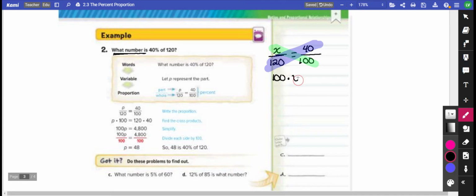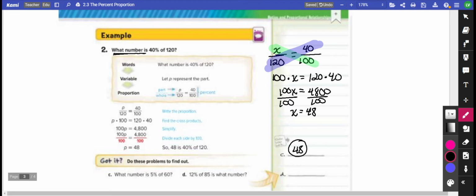So 100 times x equals 120 times 40. That leaves me with 100x equals 4,800. I'm going to divide both sides by 100, and I get x equals 48. So 48 is 40% of 120.